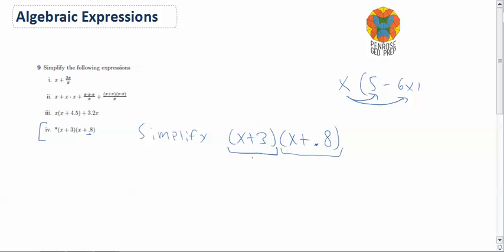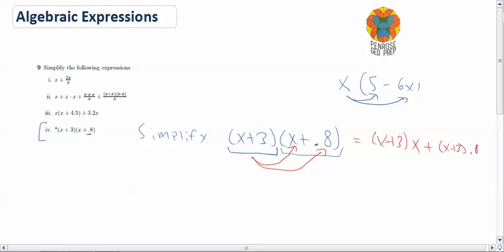We take x plus 3 and multiply it by x to get x plus 3 times x, and we take x plus 3 and we multiply it by 0.8 to get x plus 3 times 0.8. I'm going to write that out over here. And we can multiply numbers in whatever order we want. So I'm just going to write them like this. I'm going to move the x and the 0.8 to the other side of the x plus 3's.